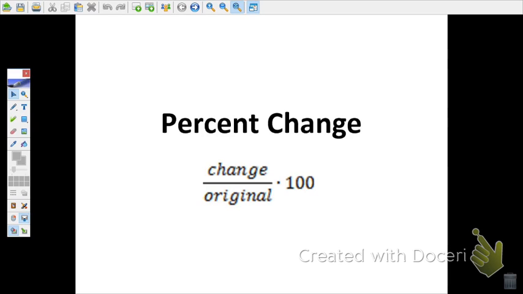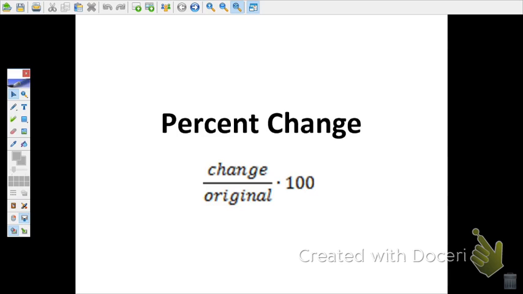So we're going to be taking the amount of the change. You're going to have two amounts that are given. So we're going to find the difference between those two amounts, which is the change. In the denominator, you're going to be putting the original amount.